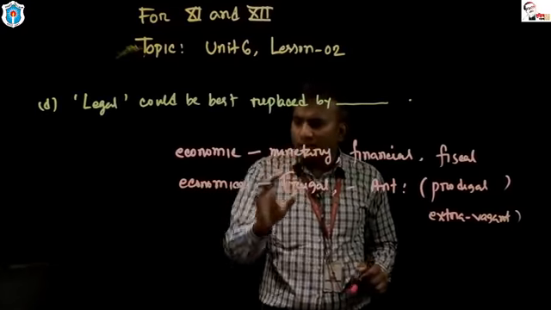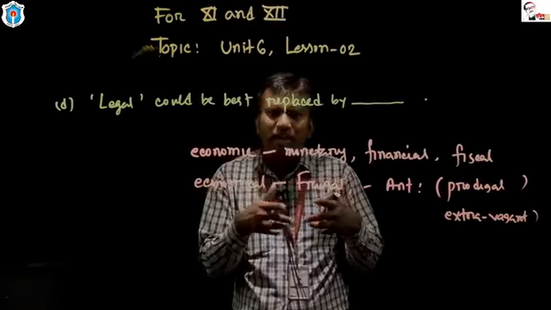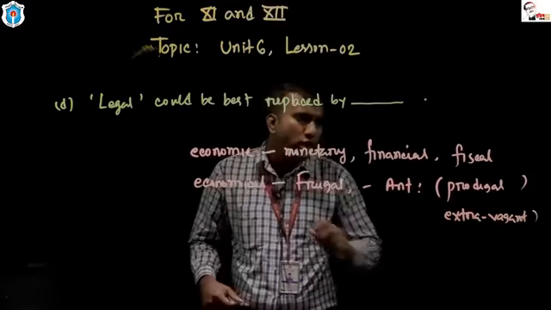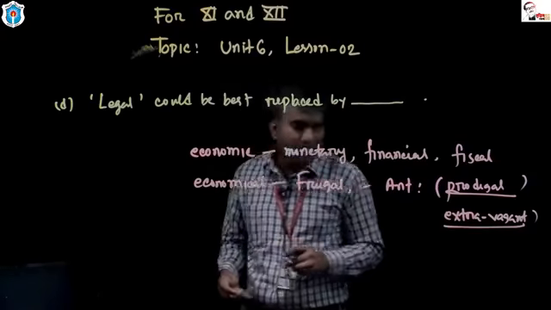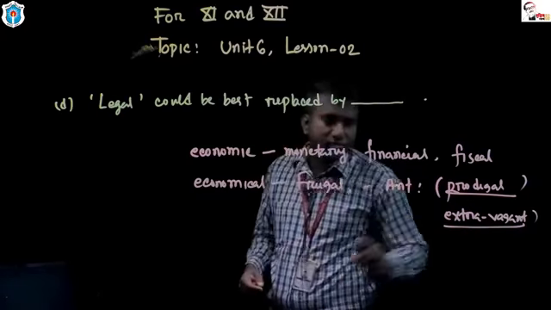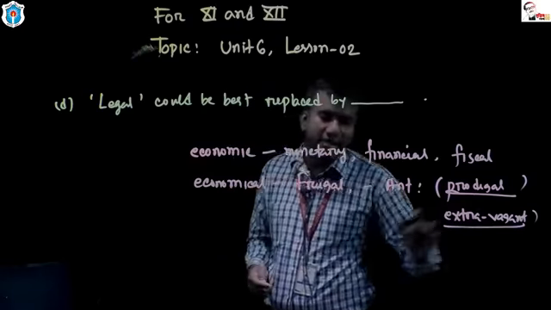Economical and frugal, both of them are synonymous because these two words carry the same meaning, mitobai. And we have got 2 antonyms here. One is prodigal and another is extravagant. That is amitobai. Okay, prodigal and extravagant.